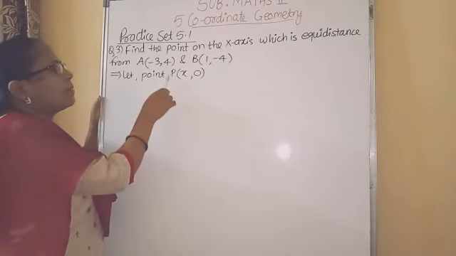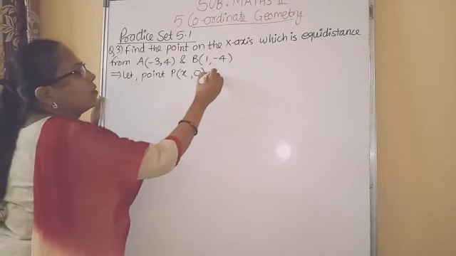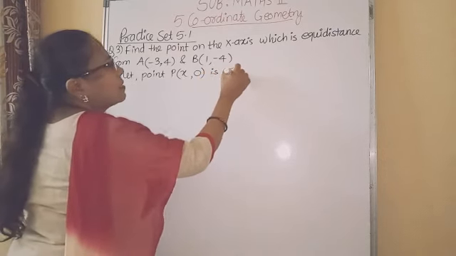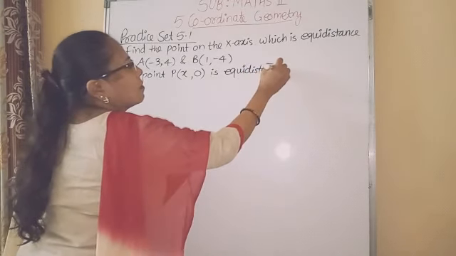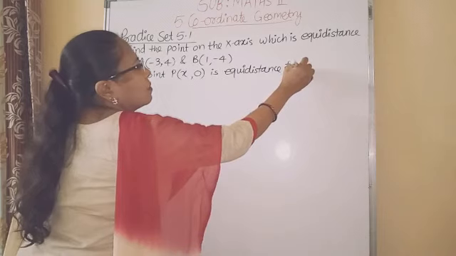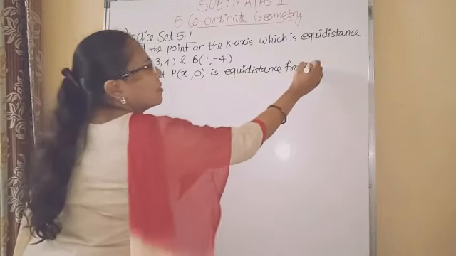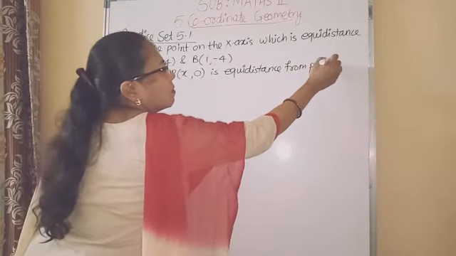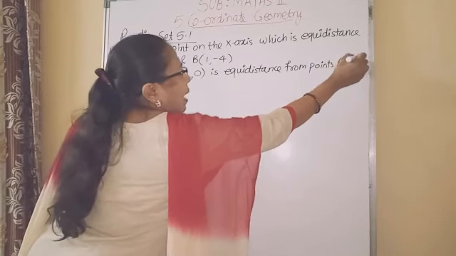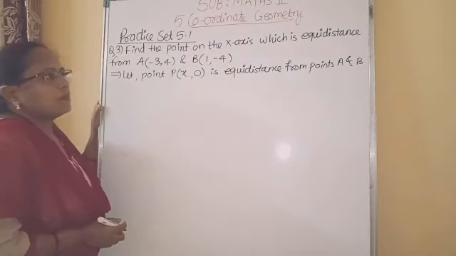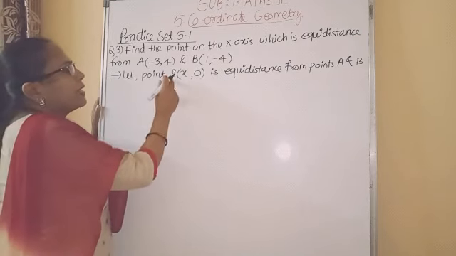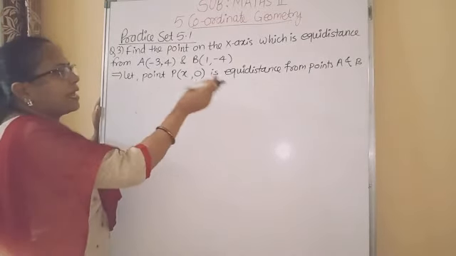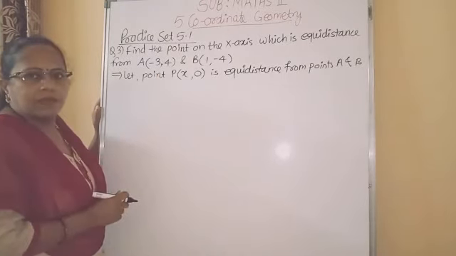So let point P x, 0 is equidistant from points A and B. Okay. Now if point P is equidistant from A and B, then we will get PA equal to PB. Followed?